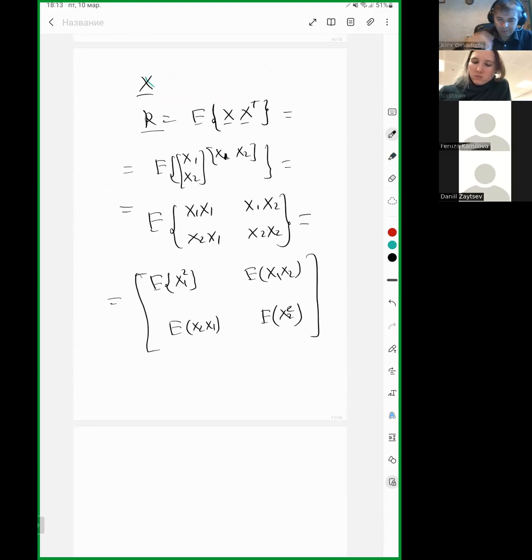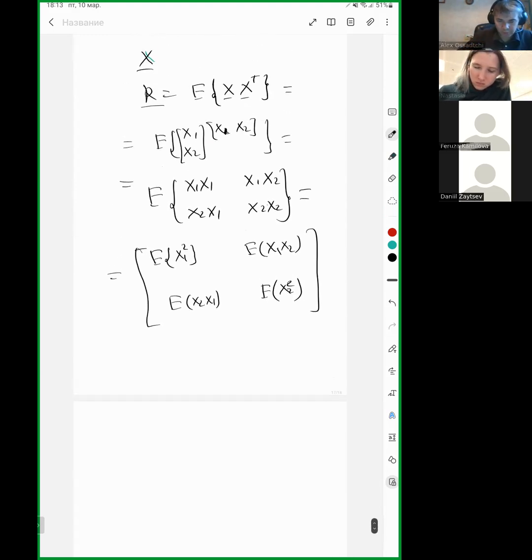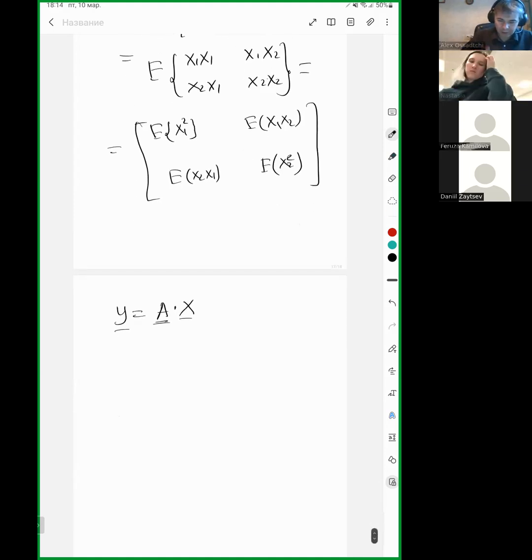Now assume that you take your y variable, obtained by multiplying x with some matrix A. In the simplest case, where A is identity, your Y will be exactly equal to X. In the more complicated case, you transform X somehow.